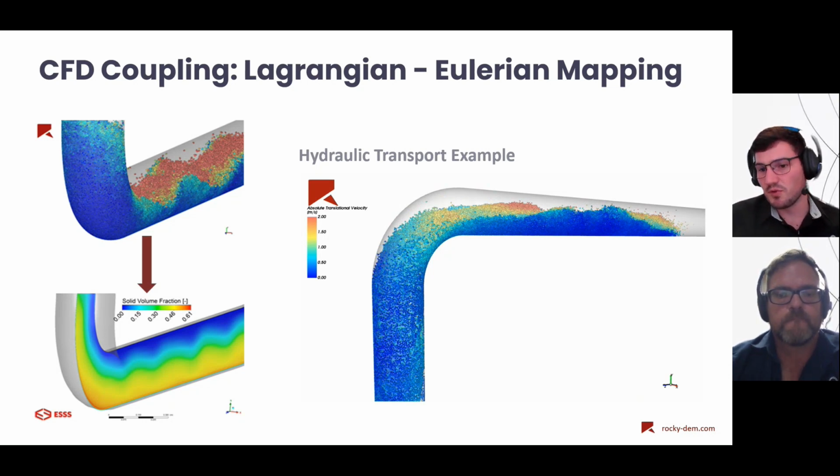If you do have multiple fluids like air and water, you still need to represent the particles as an Eulerian phase. But for these single fluid phase problems, representing the particles as a porous zone rather than a phase is substantially faster again, and it's very stable to solve as well.